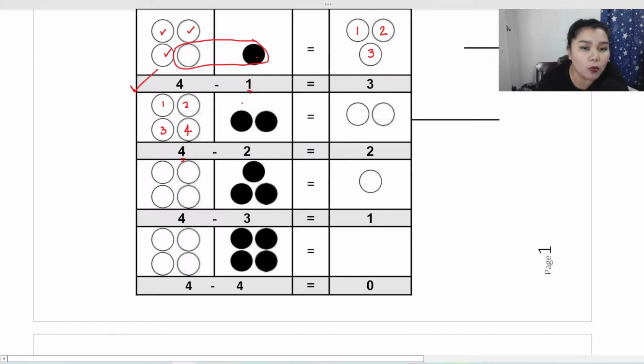So we have to look for two white chips to be matched with these 2 black chips. This 2 means we also need to remove 2. These are the partners. Those without a partner are the white chips left. So we have 4 minus 2 equals 2.